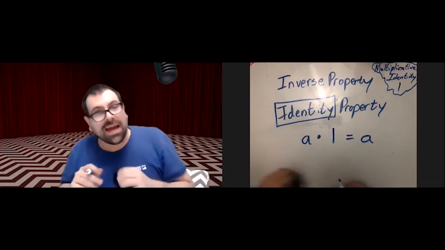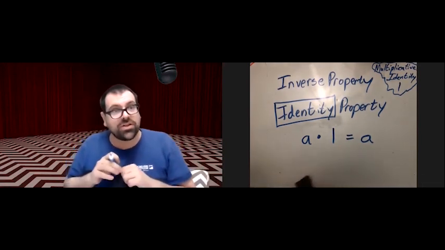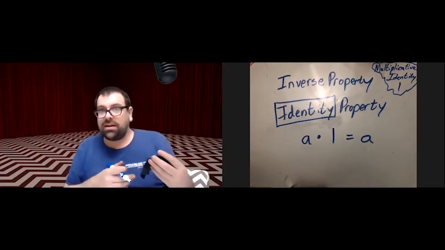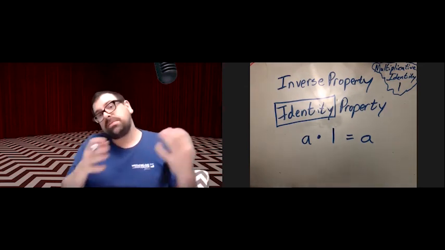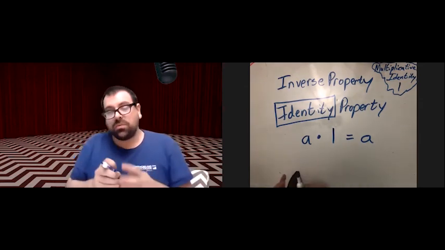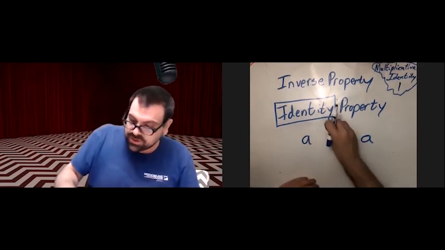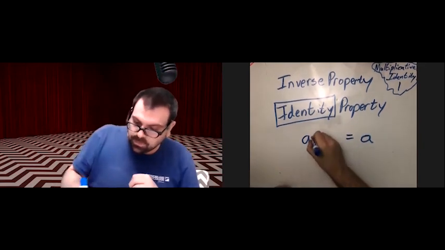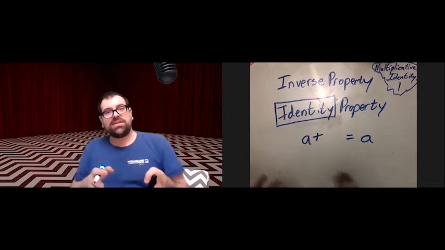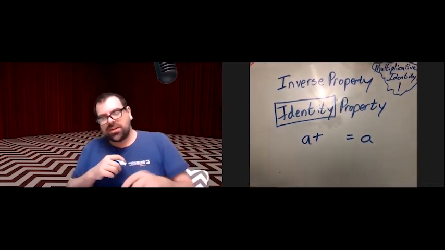Now, identity property of addition. Just like we had commutative properties for multiplication and addition, we have identity properties for multiplication and addition. We'll ask ourselves the same question, but instead of multiplication, addition.